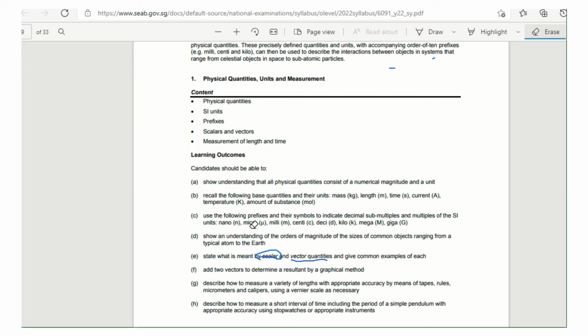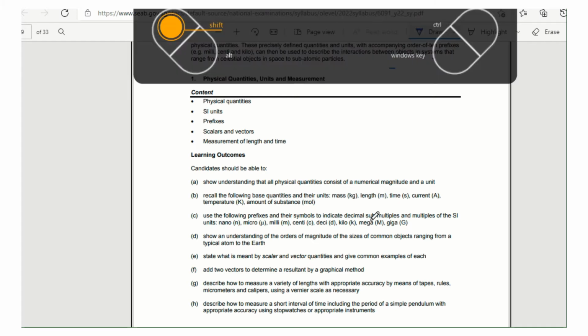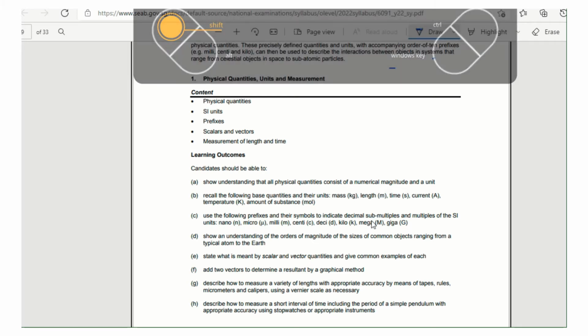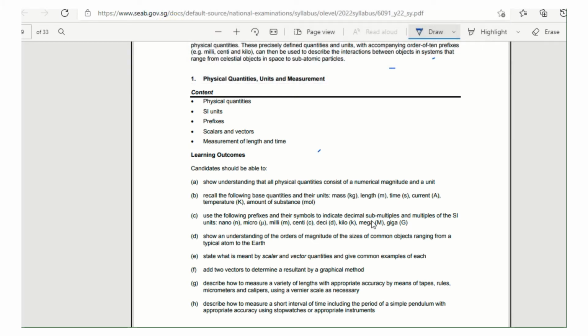Okay, I'm done. So let's look at part F, where they ask us to determine a resultant by graphical method. To do so, we usually use the triangle method, right? So for the triangle method, for example, I have a vector A here and a vector B here. I will join them so that they point in one direction, and the resultant would be this one here.